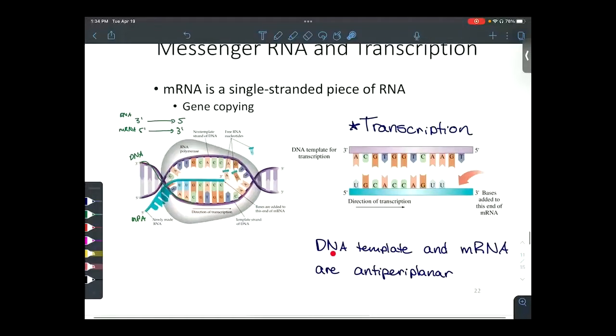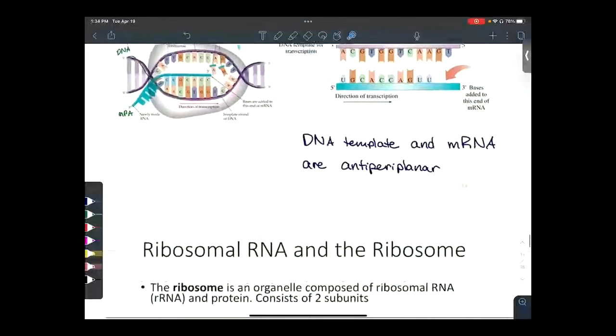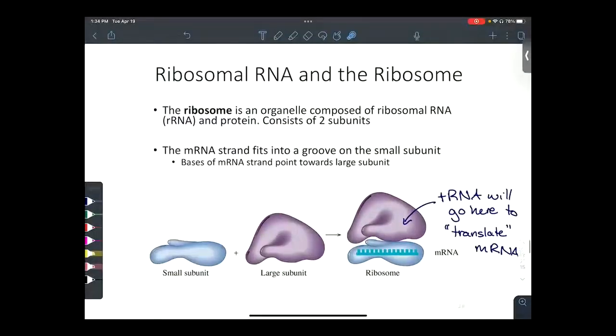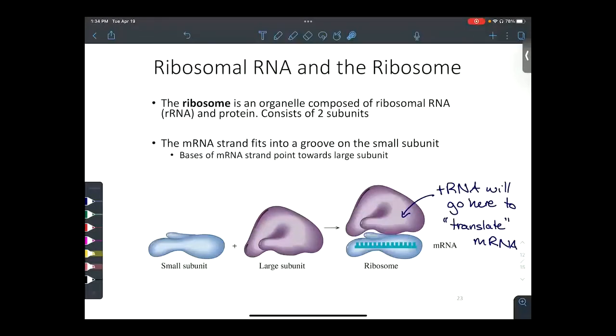All right, so the big idea here, DNA template and mRNA are anti-parallel. I like to think the DNA template is typically 3 to 5, and the mRNA you write 5 to 3. And then the rules still apply within there. So next, that's messenger RNA, it's making the copy. Ribosomal RNA is the components of the ribosome, the site where the actual protein synthesis is happening.